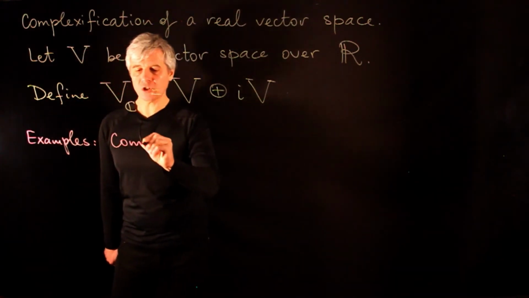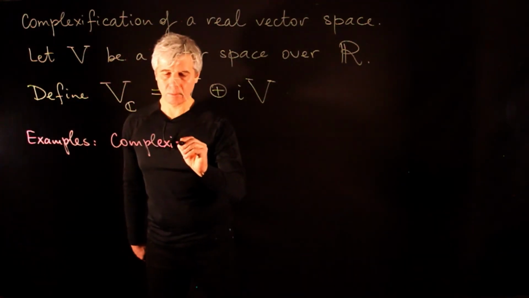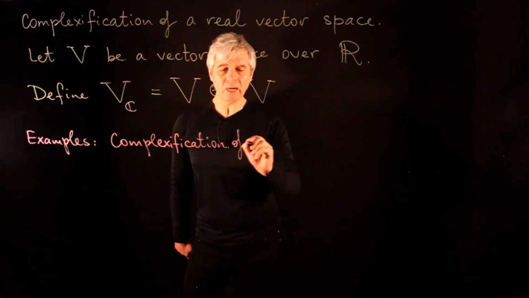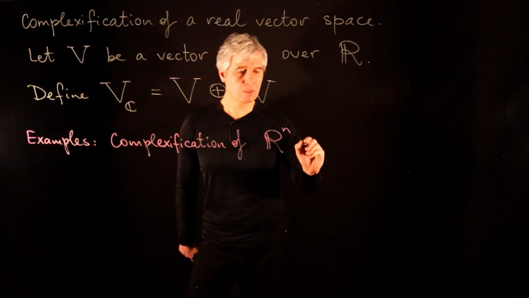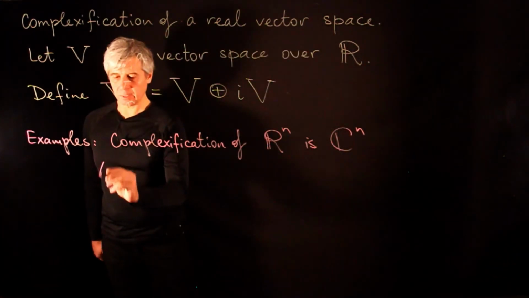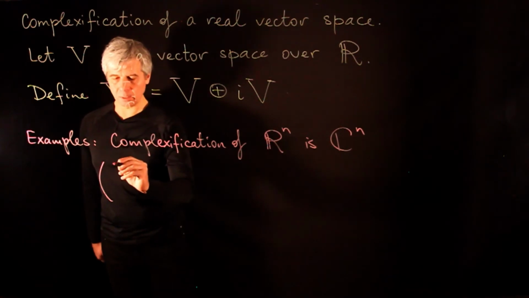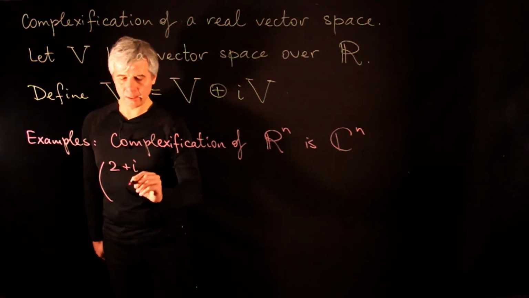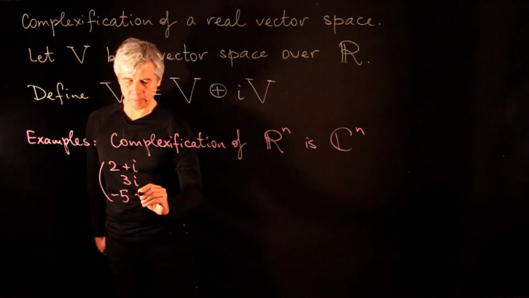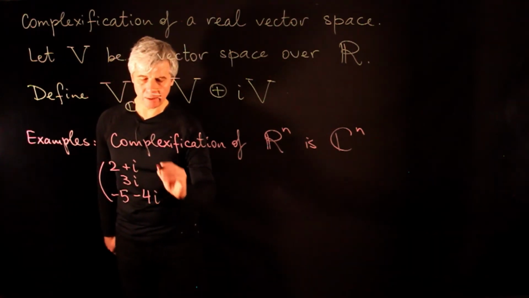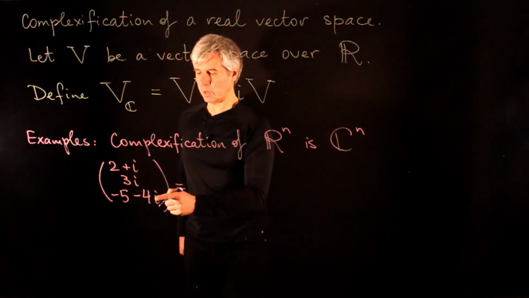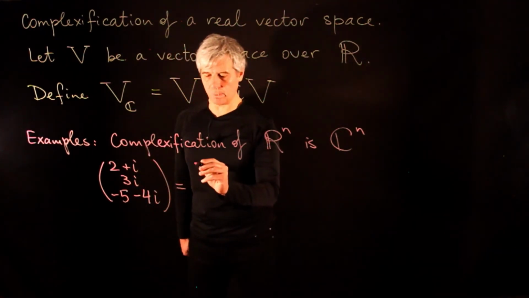So, complexification of Rn is Cn. So, for example, if we take a complex vector (2+i, 3i, -5-4i), then this complex vector can be written with a real part and an imaginary part.